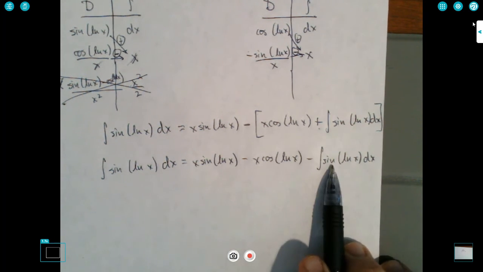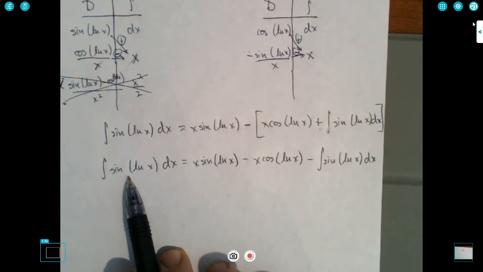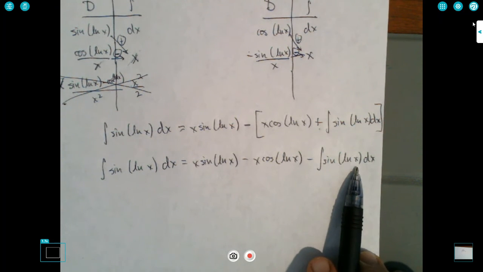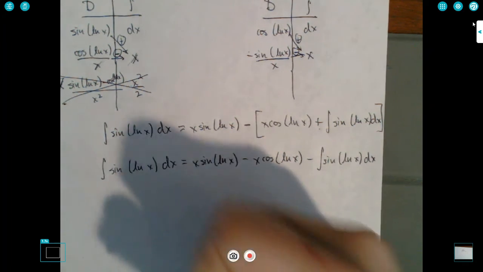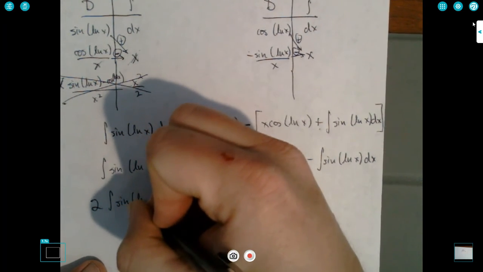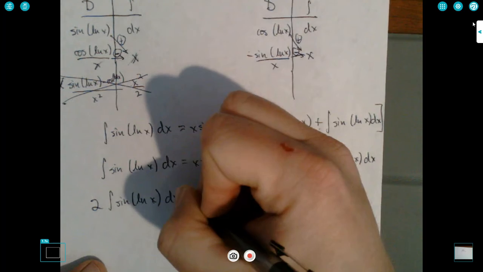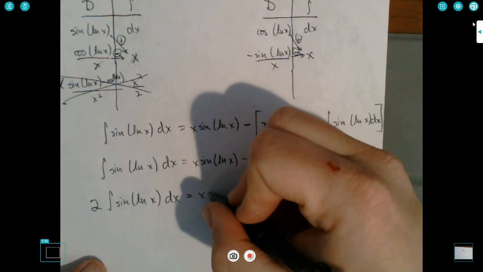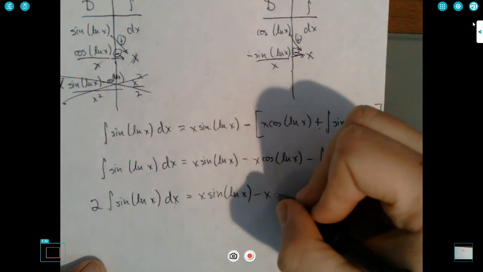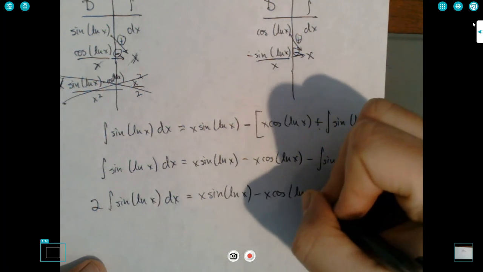So what you can do is add this integral over to the other side and then solve for it. So if I add the integral of sine ln of x dx over to the other side, I'm going to get 2 times the integral of sine of ln of x dx equals x sine of ln of x minus x cosine of ln of x.